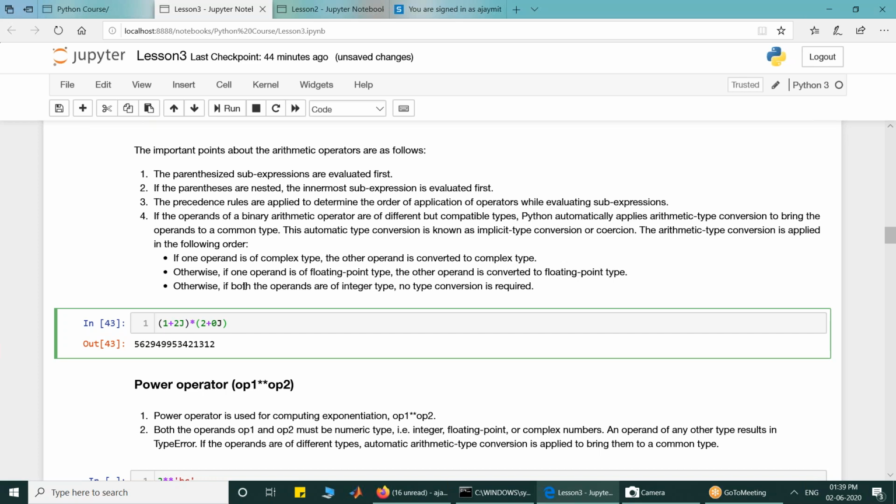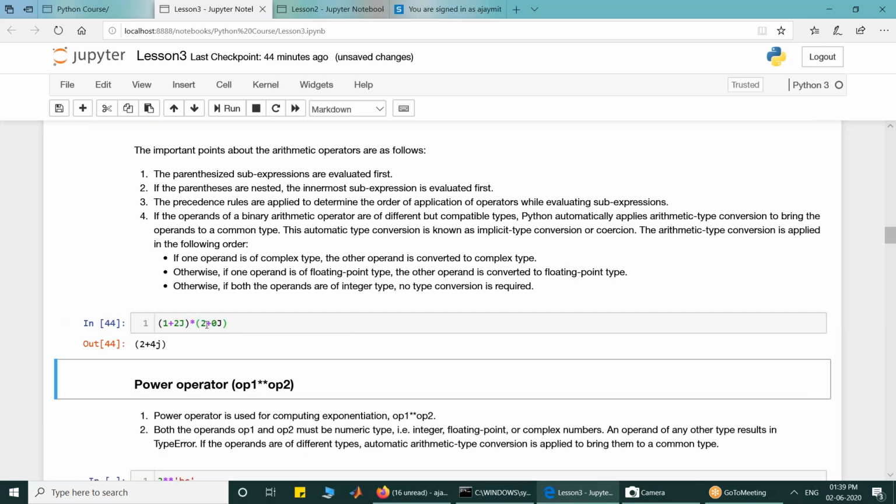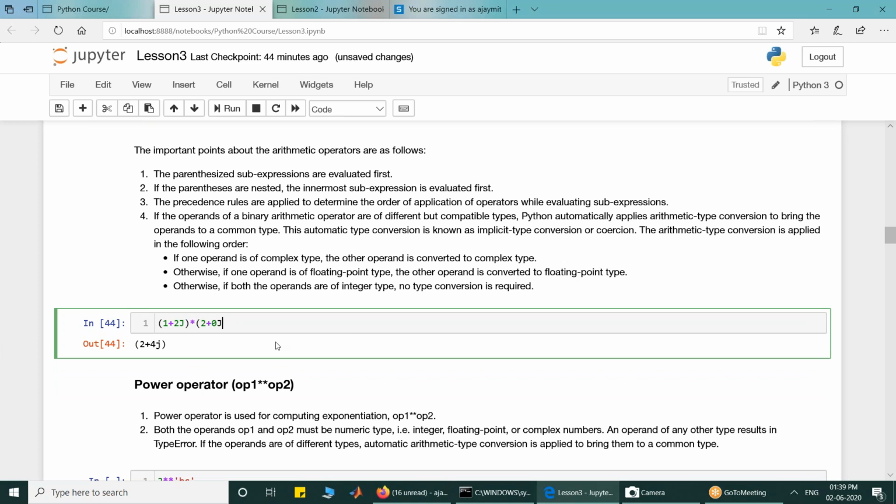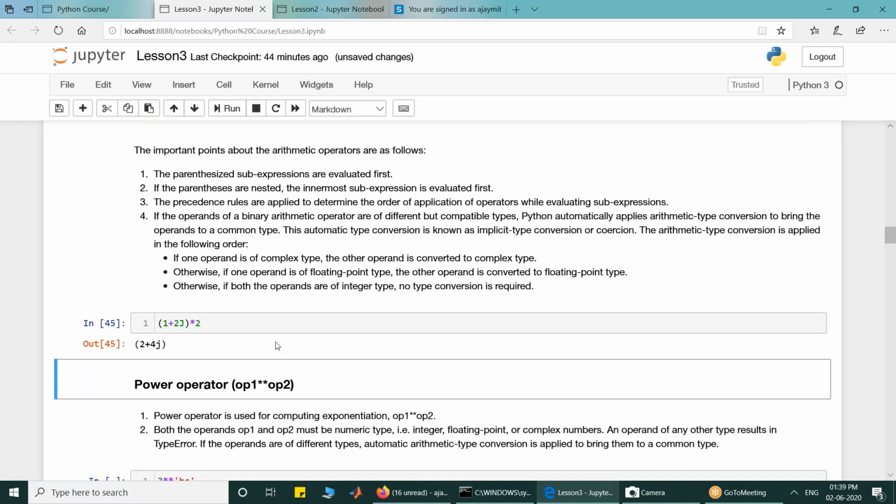I just want to tell what is going on behind the scene. You will not come to know that this has automatically been converted to complex type, but internally 2 will get converted into 2 plus 0j, and then multiplication will be carried out. So the result will come out to be 2 plus 4j. If you just write into 2 and carry out, you will get the same result.